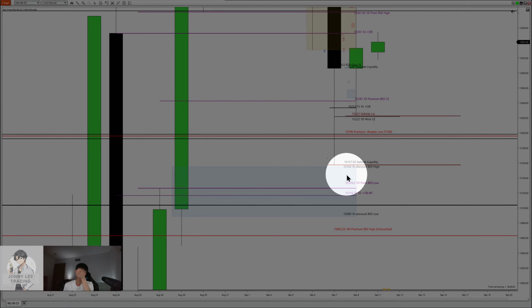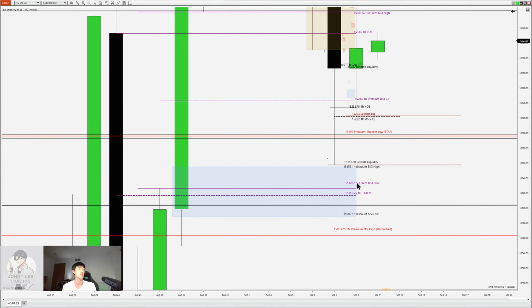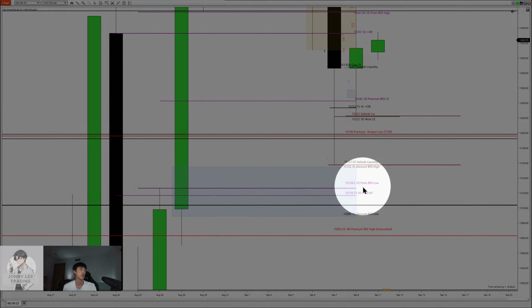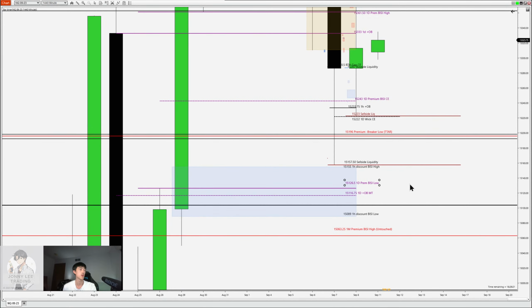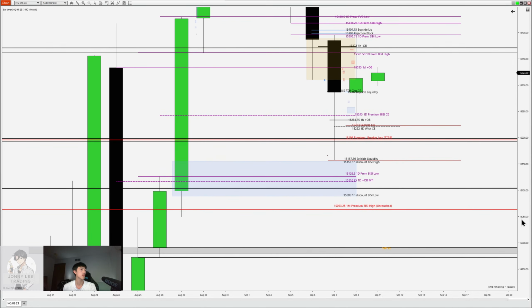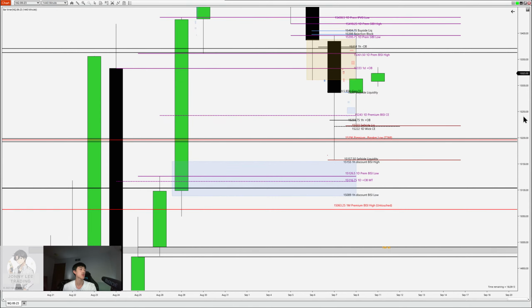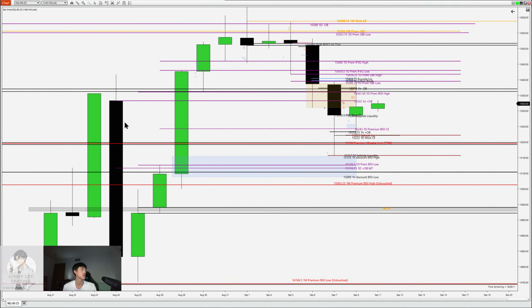So if we are expecting a bearish week, where is the draw that I see? Well, it'll be the bottom of this 1 day premium BISI low. We do have the midpoint of this bullish order block on the daily, this big black one before a rise up.